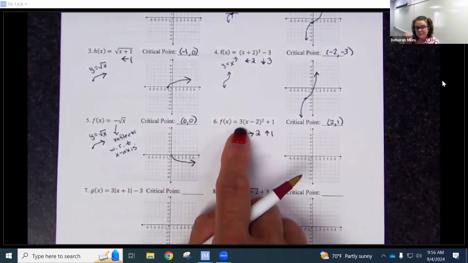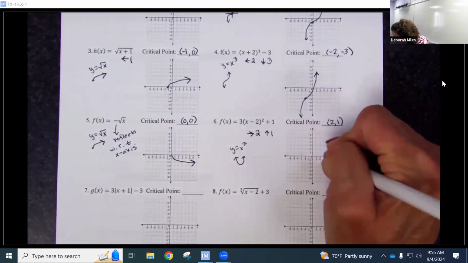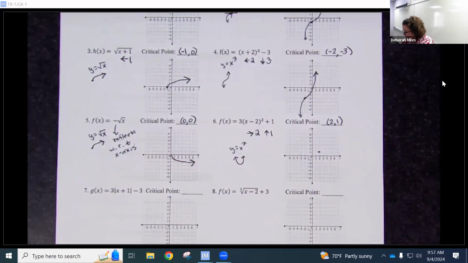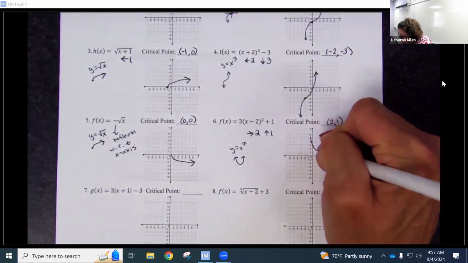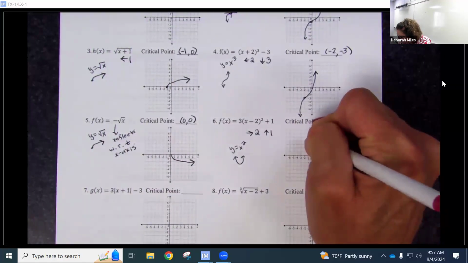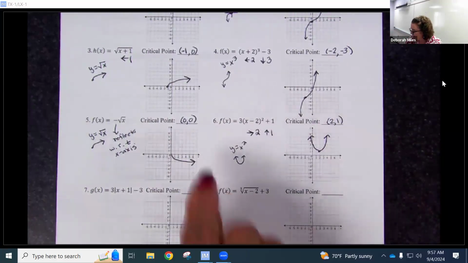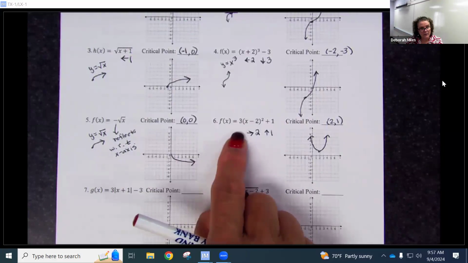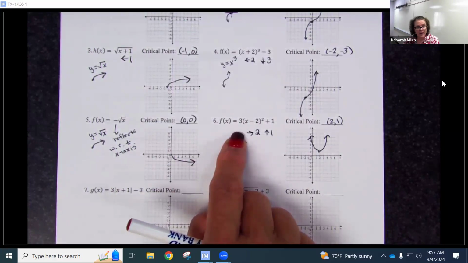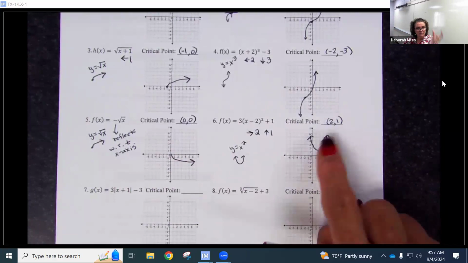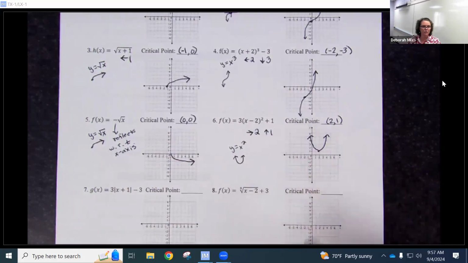Because I'm not looking for that level of precision, if you just plot the point 2, 1, and then put a parabola that turns around right there, I don't care about the width. I'm not saying that 3 doesn't matter. It does affect the graph. I'm not saying that at all. I'm saying it doesn't matter to me right now, because all we're going for is right shape, right critical point.